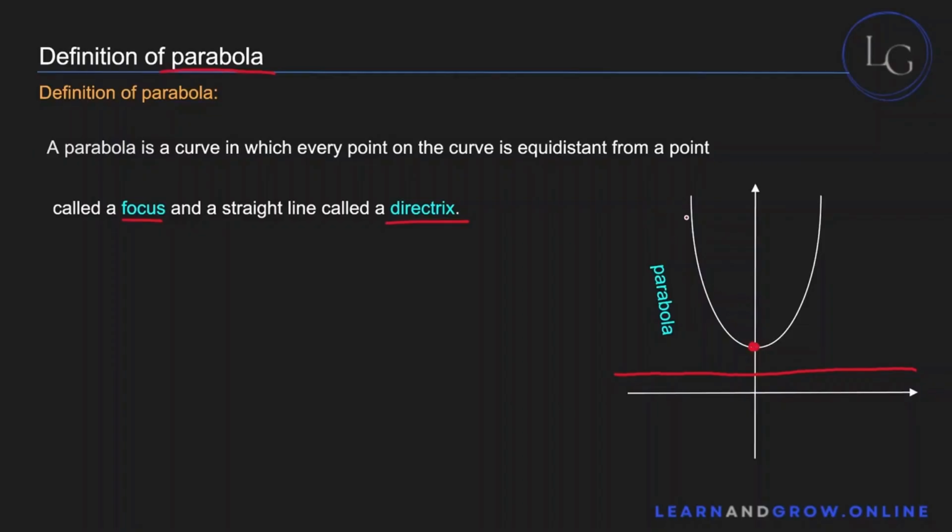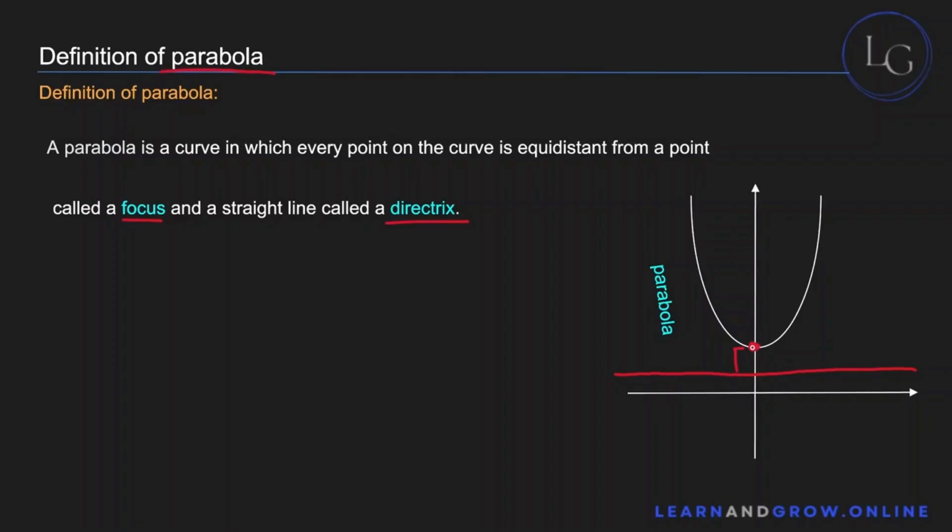Now the focus is a point that is equidistant from the directrix and the extreme point of this curve. The extreme point on this curve is this point over here, as it's the absolute bottom of this curve. Now you calculate the distance from this point to the directrix, and you draw a point directly above it at the same distance.